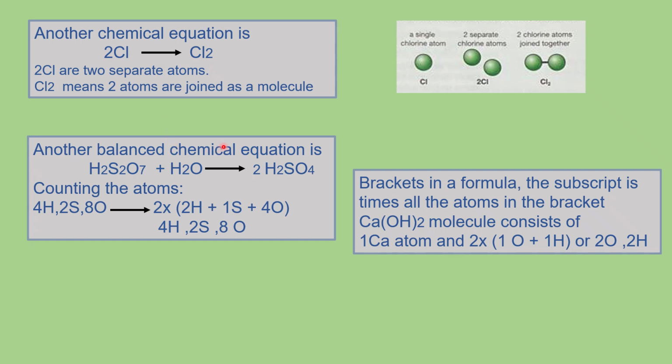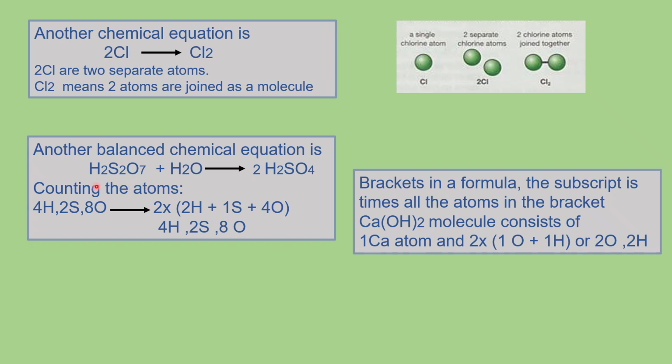Another balanced equation is H2S2O7. When it reacts with water and an arrow, the product is 2 molecules of sulfuric acid, 2 H2SO4. Let's count the atoms of the reactants.